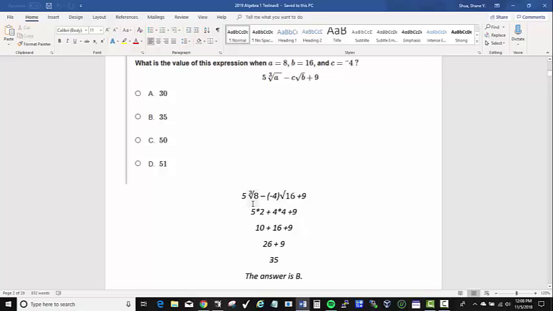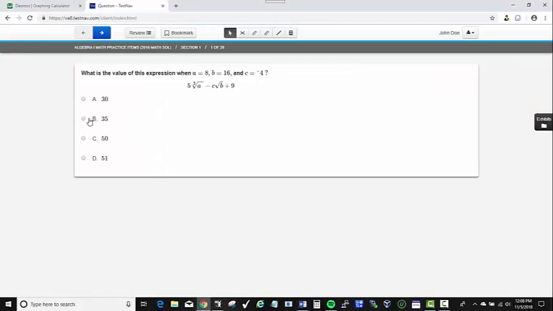Now, 5 times the cube root of 8 is 2, so that's 5 times 2. Negative of -4 is basically just +4. The square root of 16 is 4, plus 9. So 5 times 2 is 10, plus 4 times 4 is 16, plus 9. That's 26 plus 9, 35. Answer B, 35.